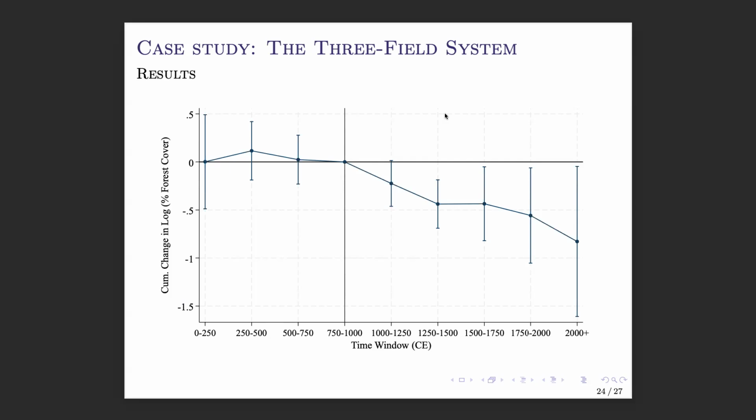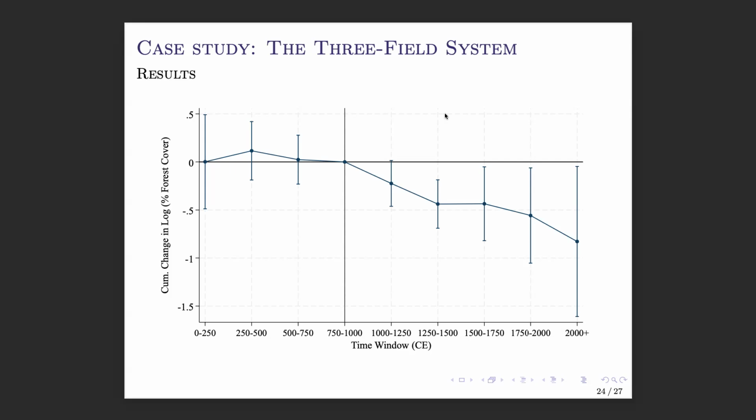Interestingly, just as a side note, at least in England, some of this literature that I was referring to, Gray among others, argue that the three-field system was brought at the time of the Norman conquest in 1066, which is nice because that seems like something we could argue is plausibly exogenous from the point of view of land use.